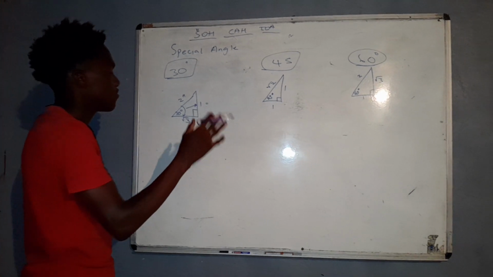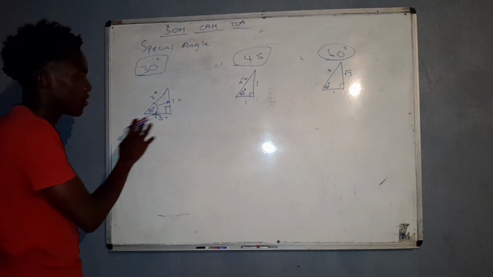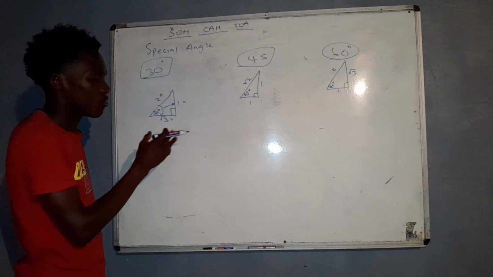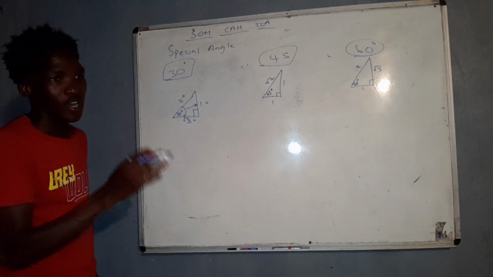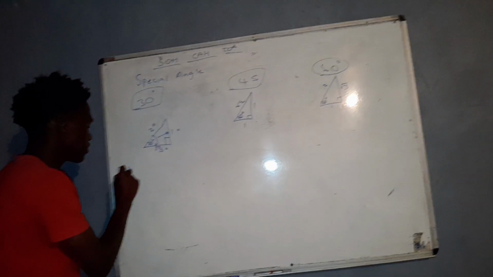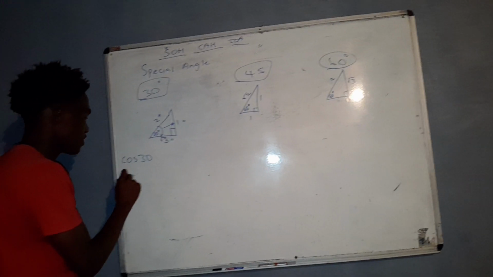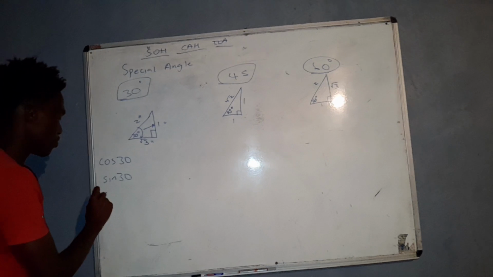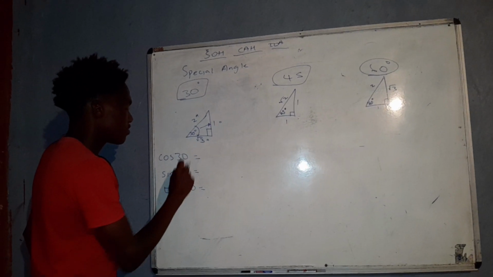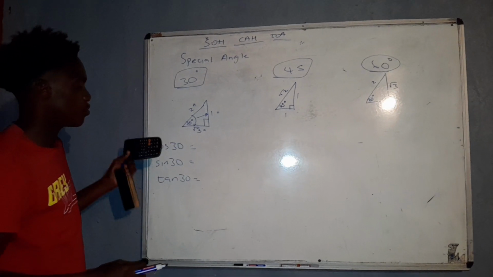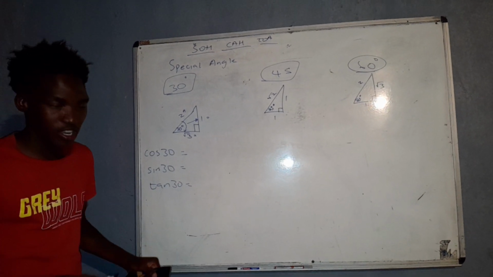So now, for example, in our first right angle triangle, we are going to be dealing with cos 30, sin 30, and also tan 30. How do we find these without using a calculator?